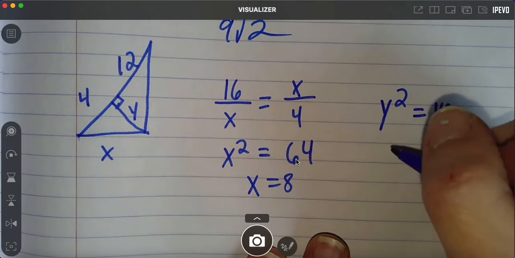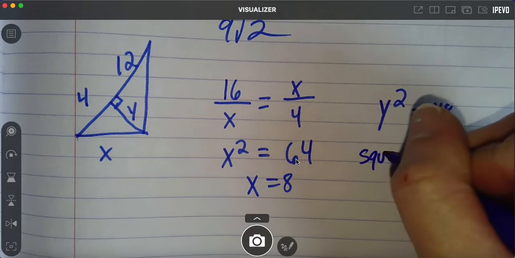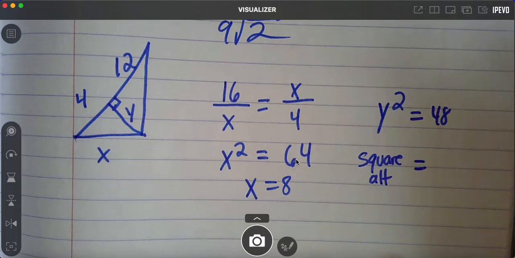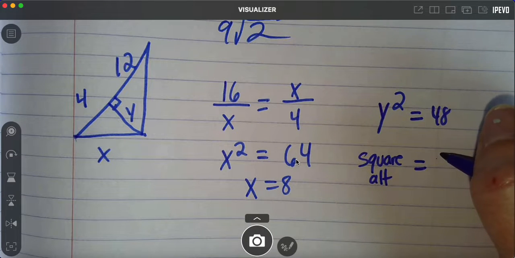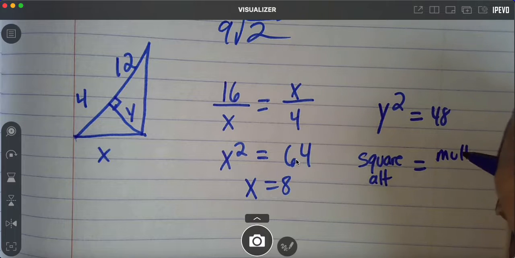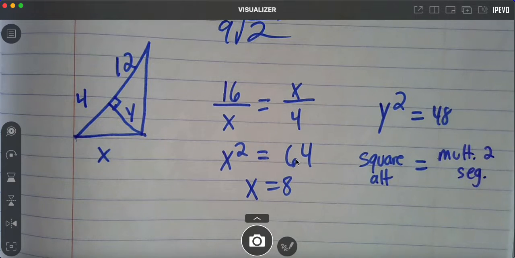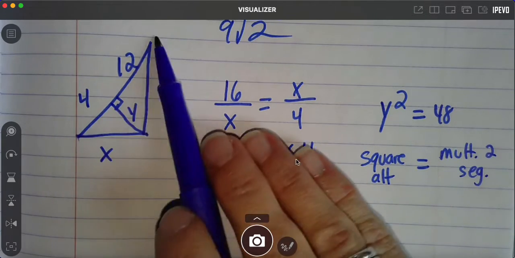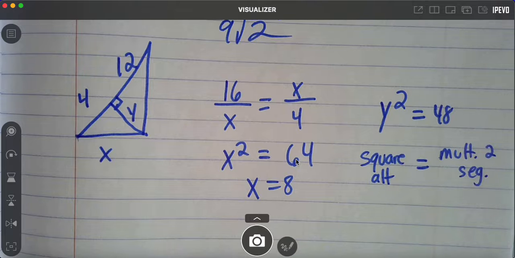Using the rule that you just square the altitude and set that equal to multiplying the two segments. You just say y squared equals those two segments multiplied together, 48.